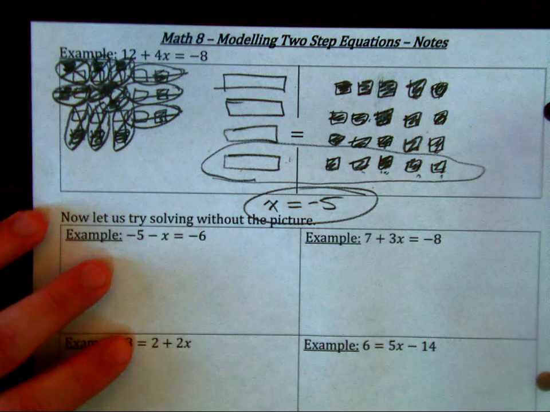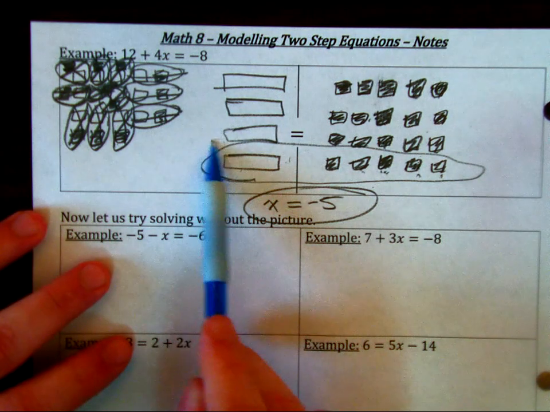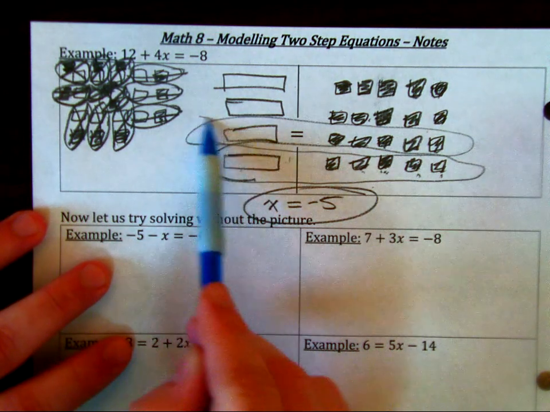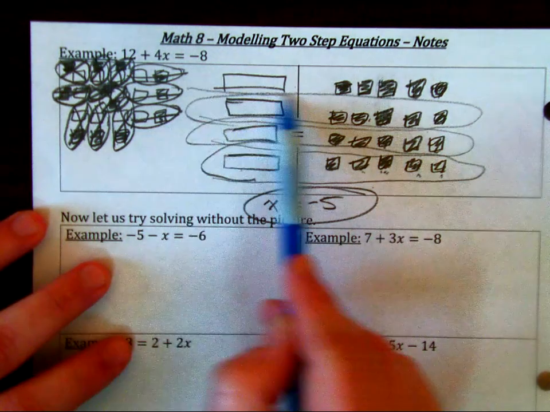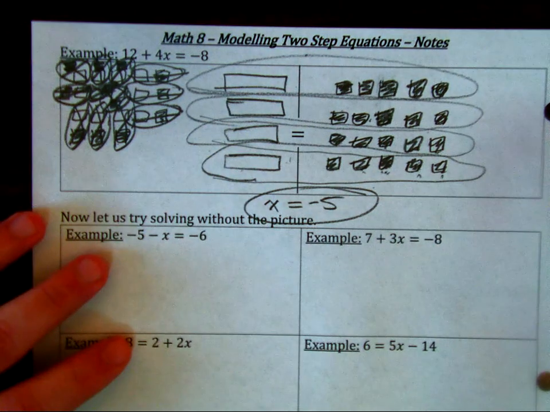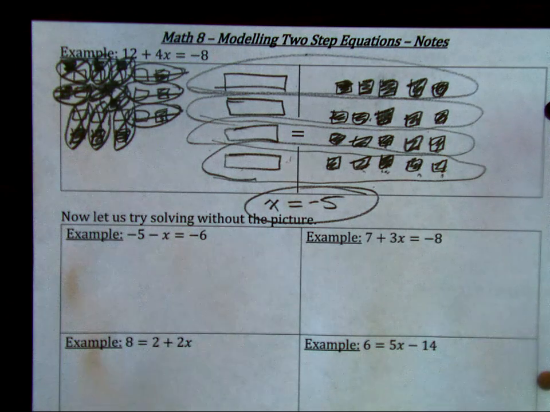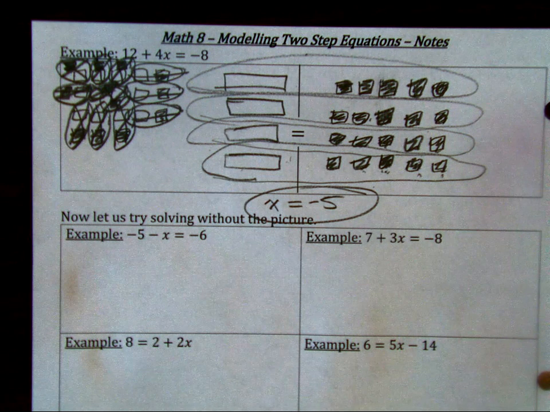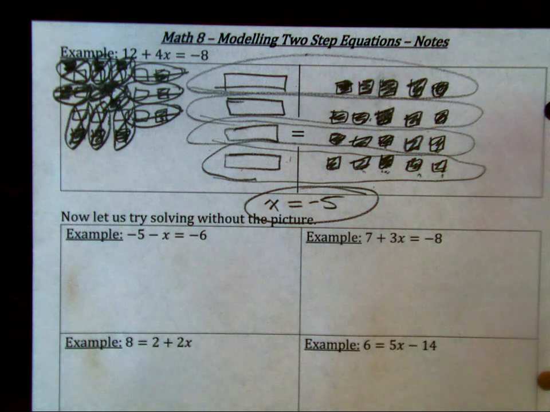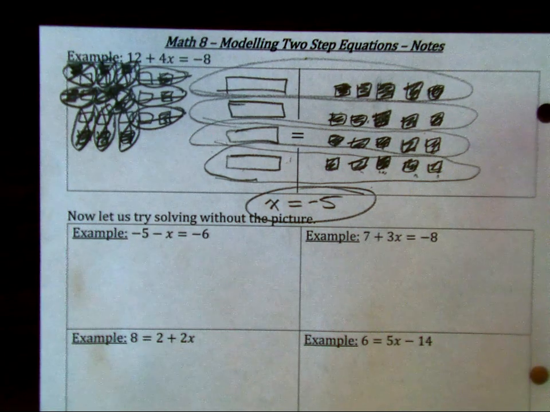If you're able to make equal groups, that's what we're trying to do. So now, again, this is just the picture. All we're trying to do is build up to what you're used to doing, because I know in previous years you've done it without the picture.